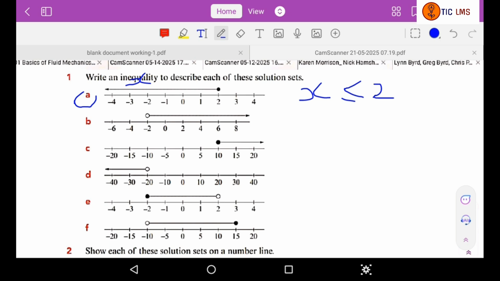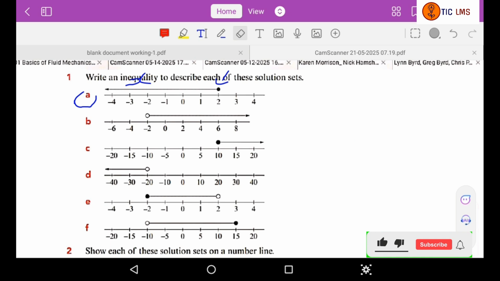But because the circle we are seeing here is also shaded, that's why we have that equal to. So the answer for 1A is x is less than or equal to 2, meaning that the values on the left of 2 are less than 2. And what are the numbers that are less than or equal to 2? In this case, we will start from 2, we go to the left: 1, 0, -1, and so on and so forth. So that is the solution for 1A.